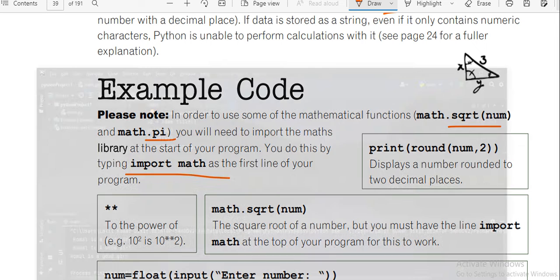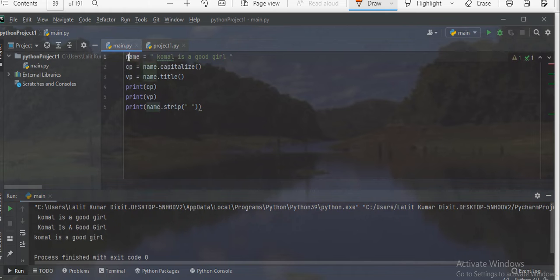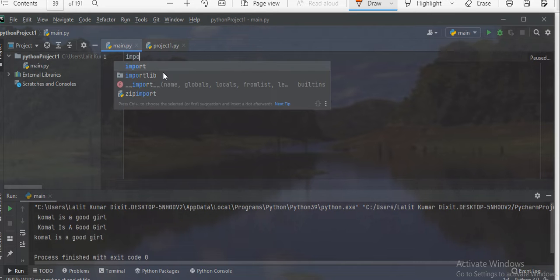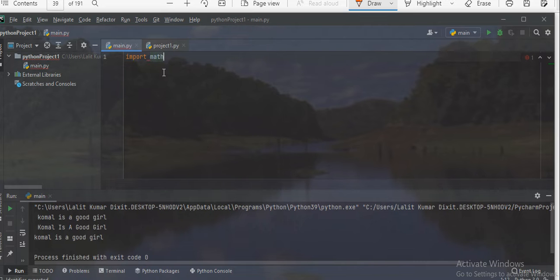Now suppose you have to find the area of the circle. In that case you will use pi, which is 3.14, but instead of that you can use math.pi. So for using this, you have to import the library which is math.